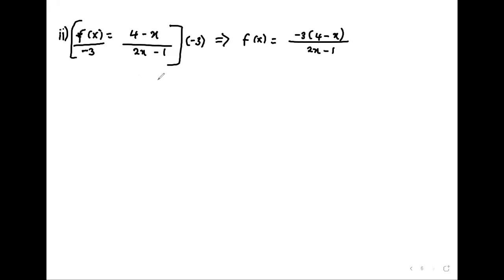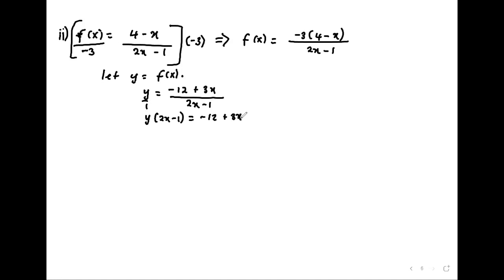We need its inverse. So we let y be f of x. So we have y is equal to, I can now expand the numerator there, -12 plus 3x over 2x minus 1. Then cross multiply, so we have y times 2x minus 1 is equal to -12 plus 3x.